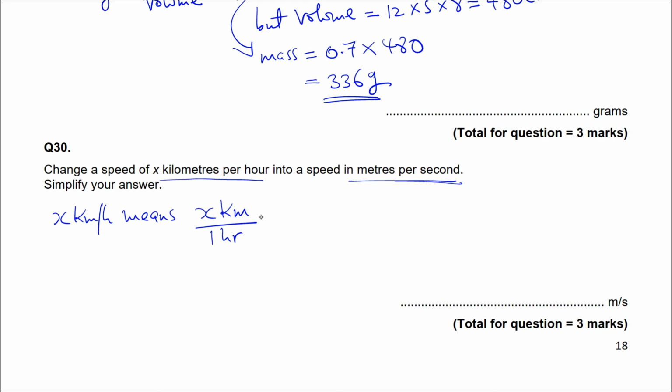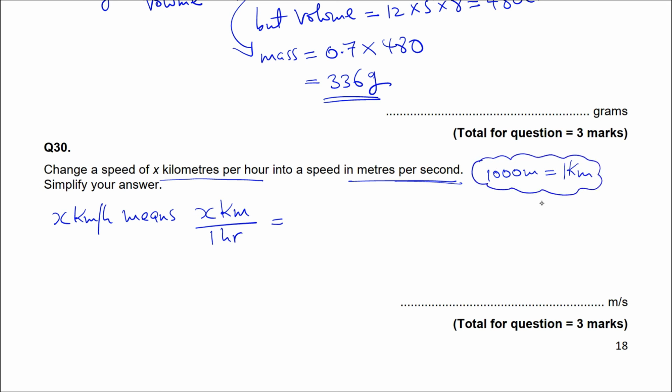So what we need to do here is basically change the numerator to meters. Converting kilometers to meters, we know that there are 1,000 meters in 1 kilometer.